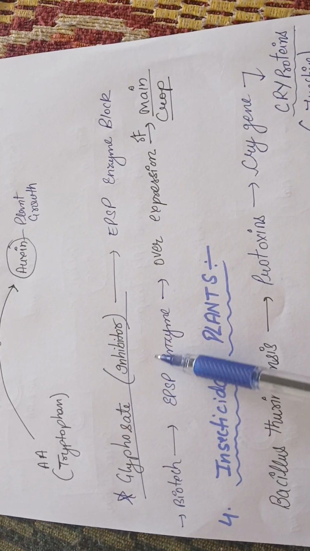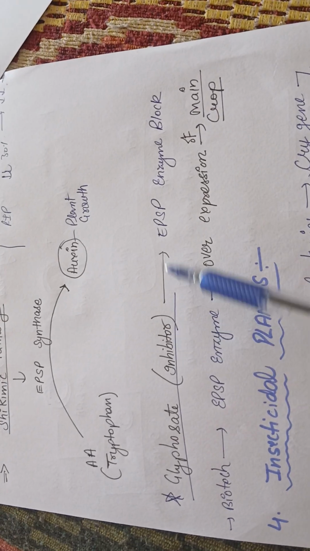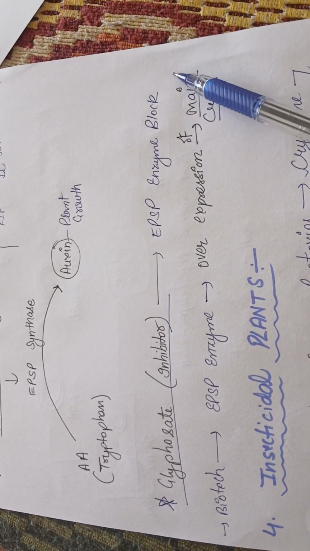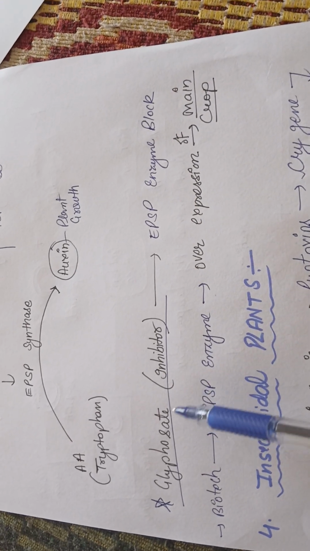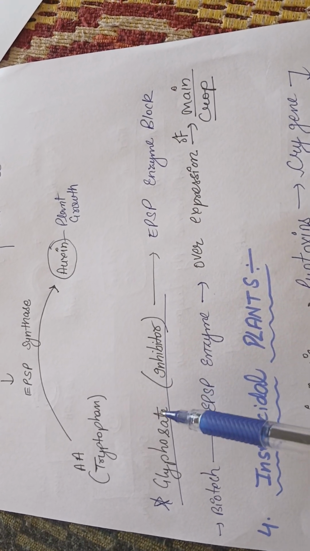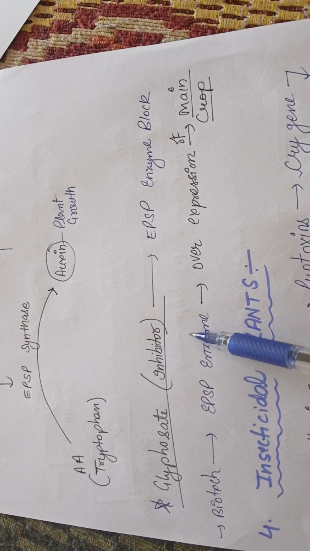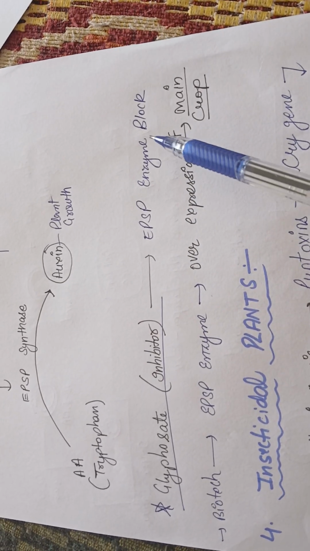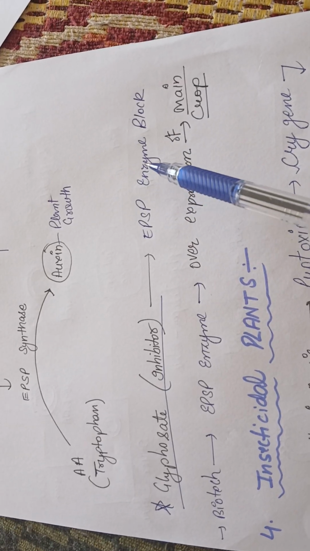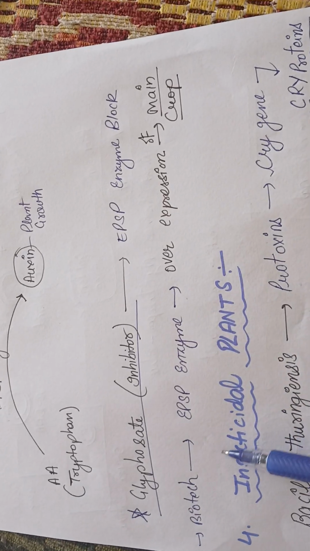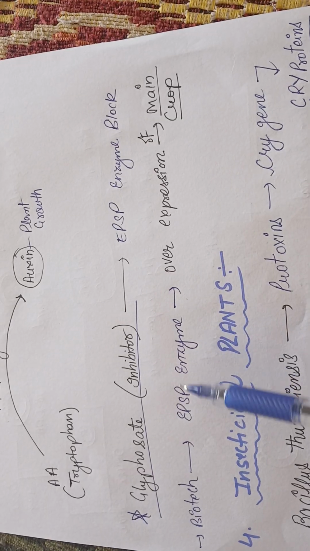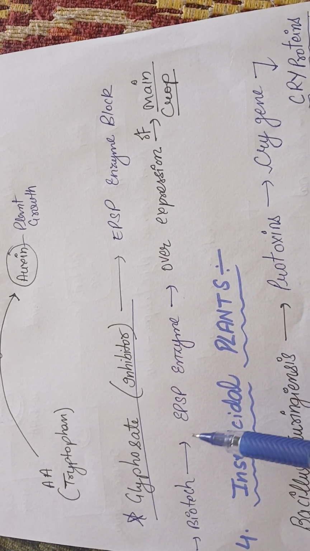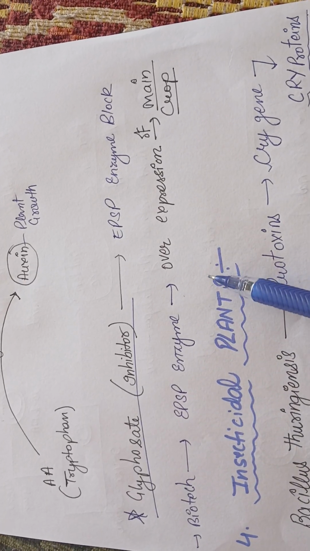Glyphosate is the inhibitor of the EPSP synthase enzyme, and it blocks the pathway. Remember, it is glyphosate, not glyphosphate. It inhibits the production of auxin by blocking the EPSP enzyme pathway. In biotechnology we use EPSP enzyme overexpression in the main crop. This is the method of the herbicide resistant plant.